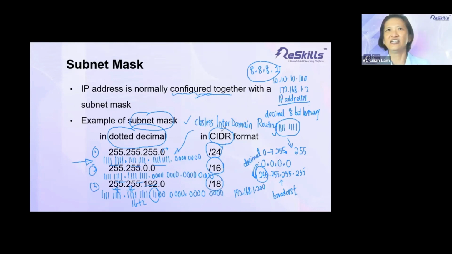So this dotted decimal subnet mask, we represent as slash 24; 255.255.0.0 as slash 16; 255.255.192.0 as slash 18.